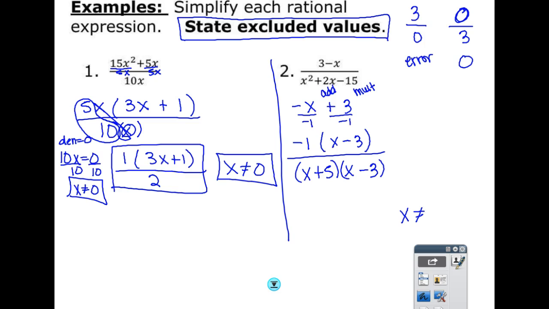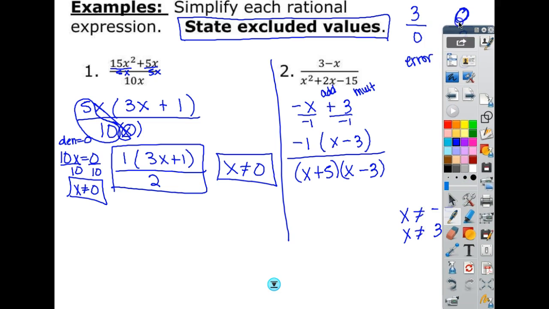This can't be a 0. What would x have to be for this to be a 0? A negative 5. A negative 5 and a positive 5 would be 0. That would be very harmful to our problem if x were a negative 5, because we don't want a 0 down here. So what can x not be here? x cannot be equal to 3. That would be harmful.